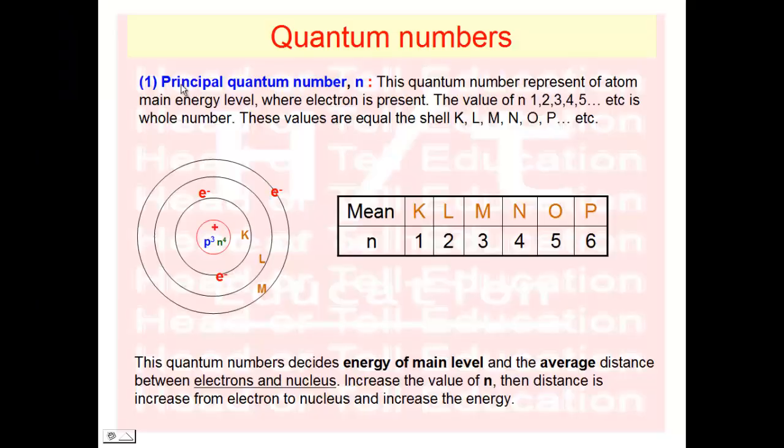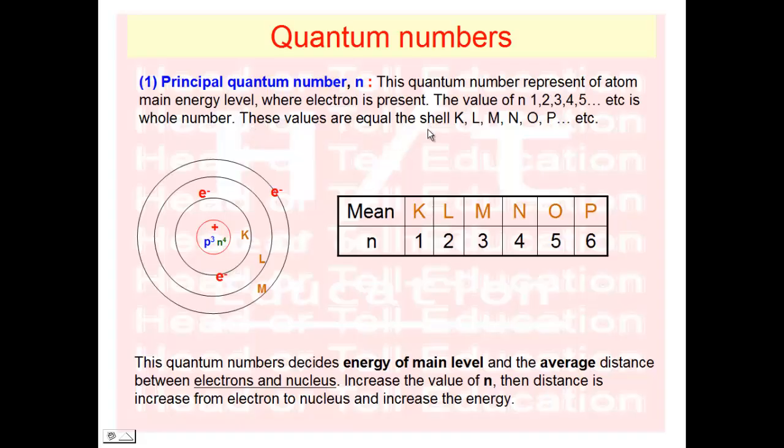The first quantum number is the principal quantum number n. This quantum number represents the main energy level of the atom where the electron is present. The value of n is 1, 2, 3, 4, 5, etc., which are whole numbers.